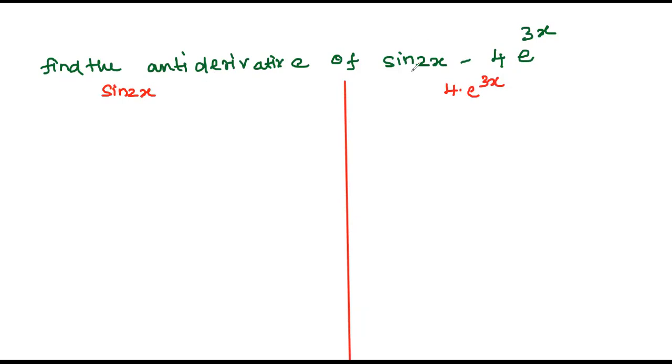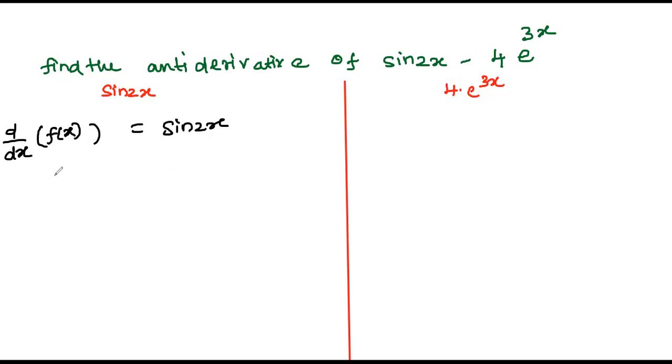Okay. So first, for finding the antiderivative of sine 2x. Sine 2x is the answer, so we are going to search for the question now. You have to find the f of x. Differentiation of some function leads to the result sine 2x.